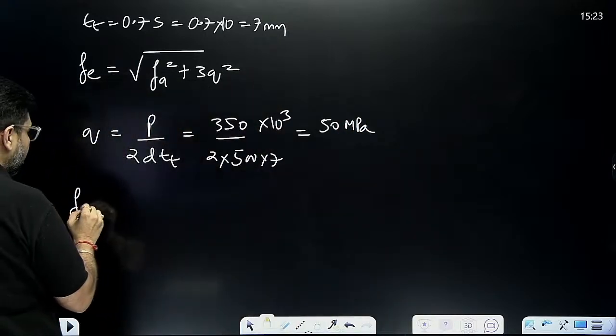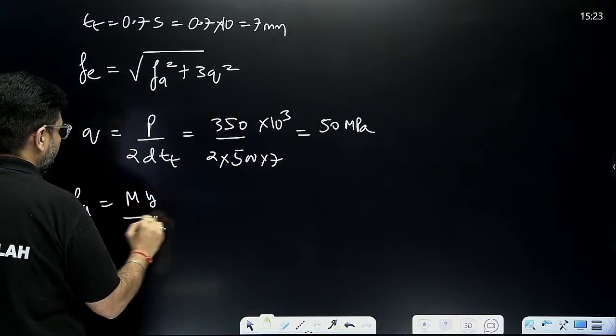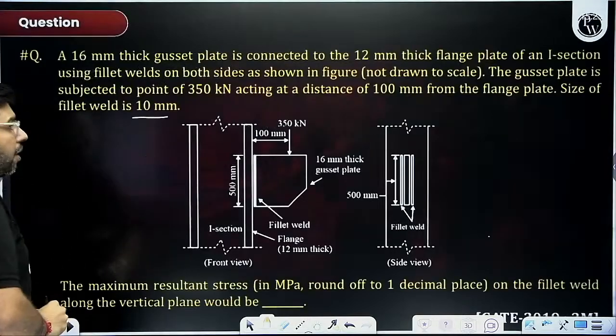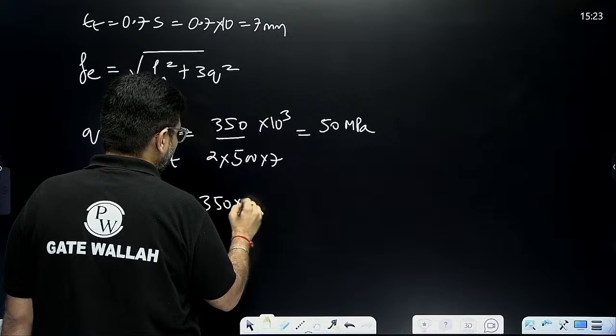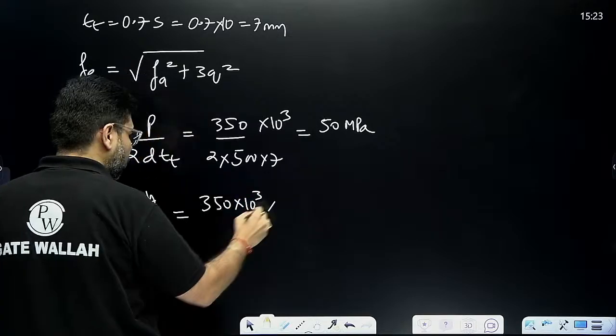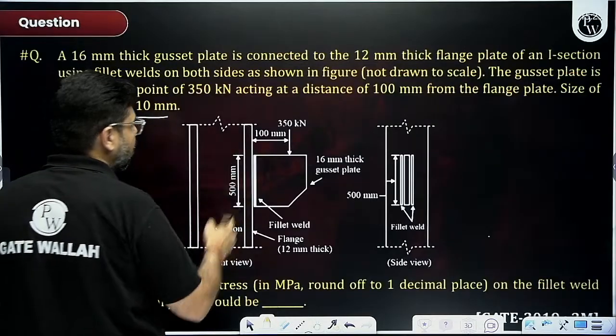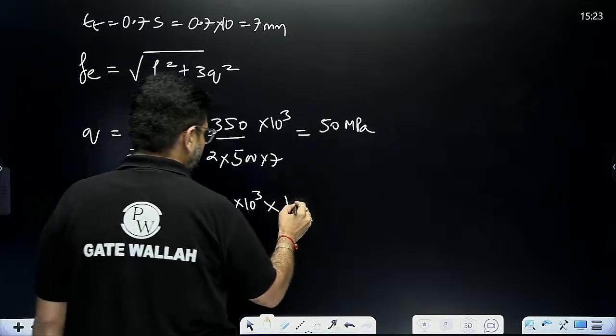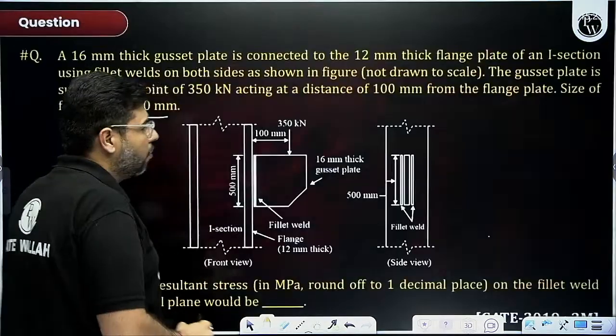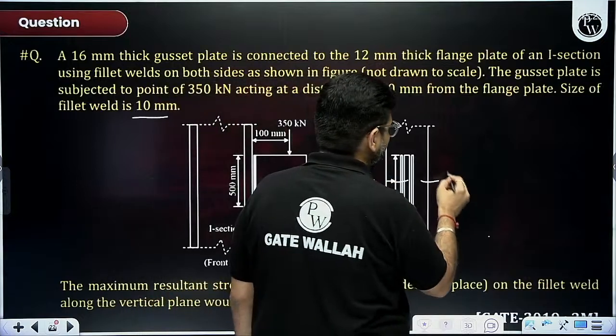Similarly, Fa is what? M by I. Moment is how much? 350 kilonewton into eccentricity of the force, that is 100 mm. Y is how much? You will take the moment about this here.